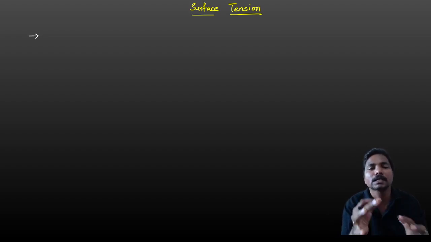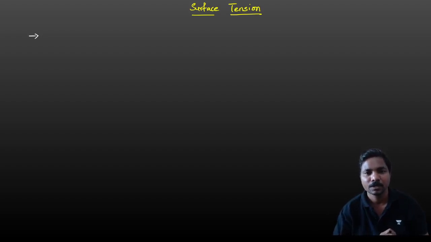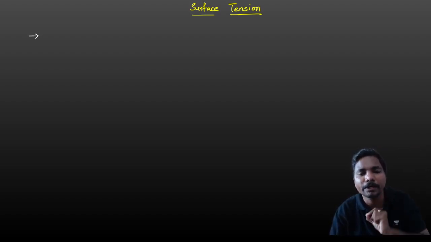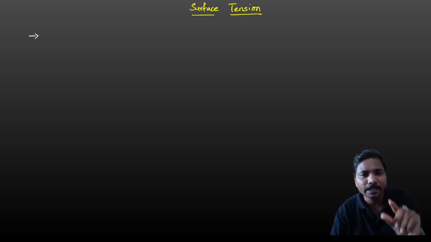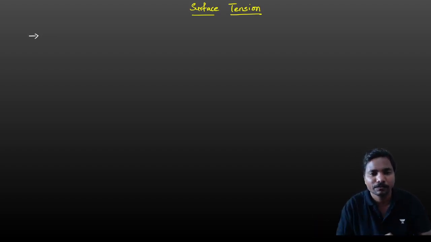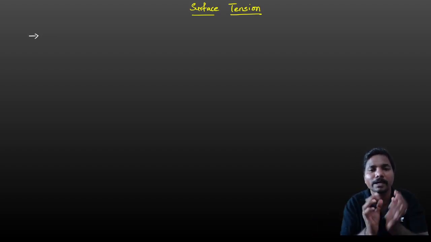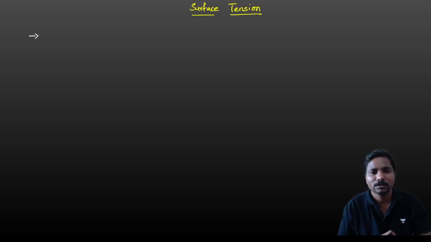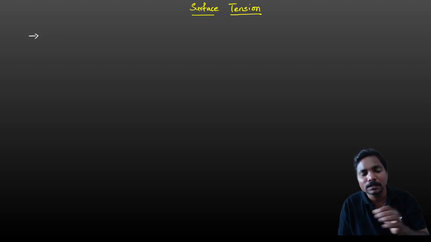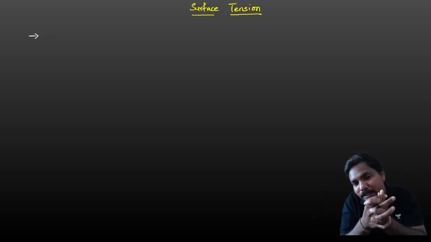This property is nothing but surface tension. For example, raindrops fall on the surface and they form into which shape? Spherical shape. Why? Because a sphere has minimum area for a given volume. That's why they always try to occupy minimum surface area. What is the main reason they try to occupy minimum surface area?